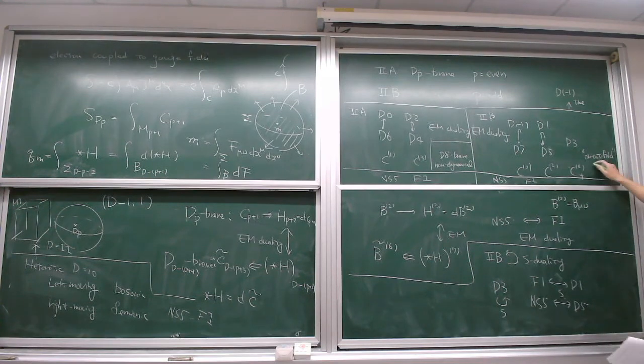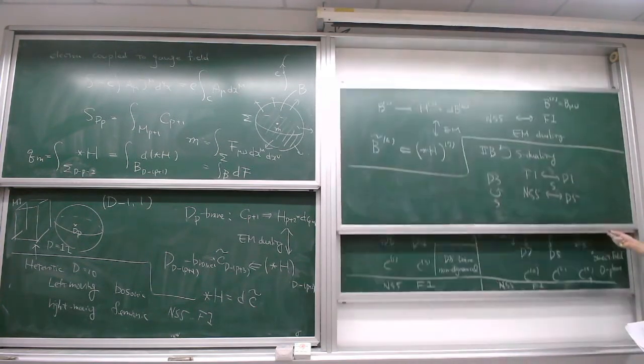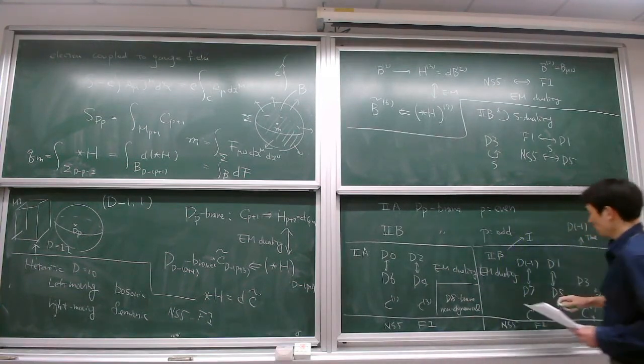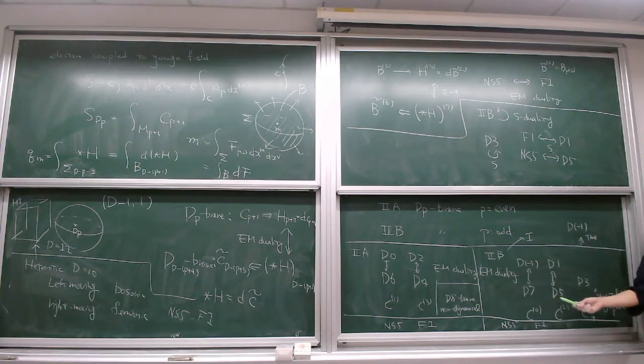That's the O-plane, which we will learn. We will introduce O-planes in type 2B with the orientifold projection. What you end up with is the type 1 theory, which has D1, D5, and also a space-filling D9 brane that will show up.